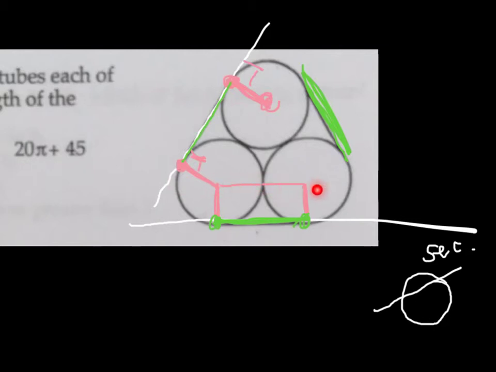We've got 2 radii, so each of these green things is 10. Now the issue is, we want to know what these things are.